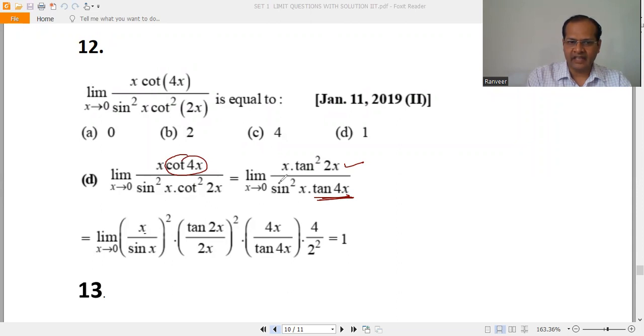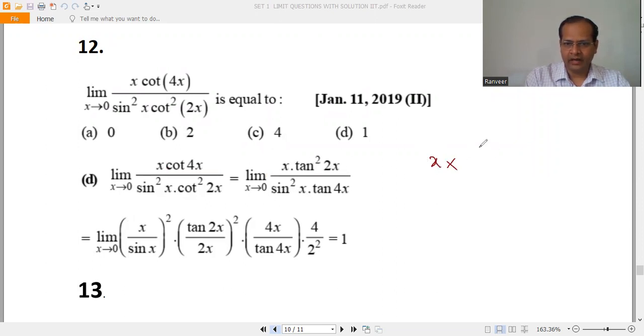So x by sin x, for this term we can do x by sin x. If we take the x square term, after that sin square 2x, in another way, I'm telling you how to do, x you just remain like this.